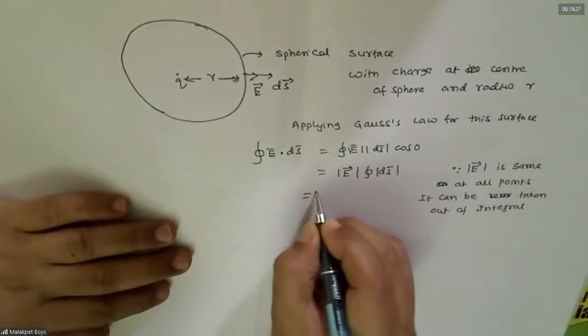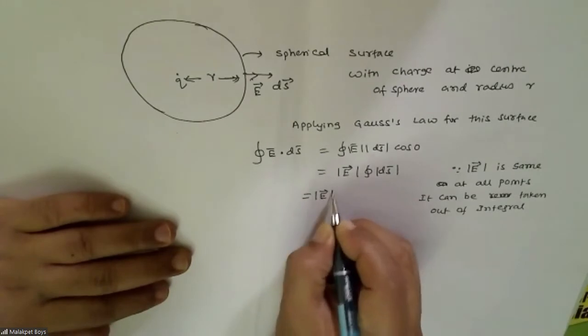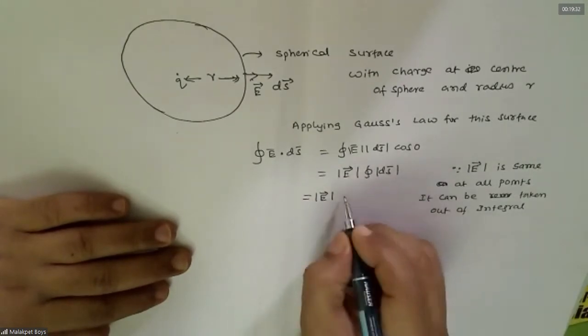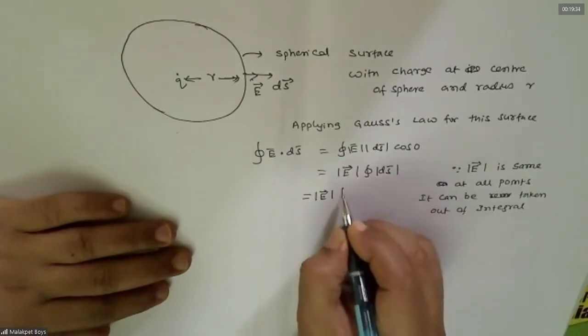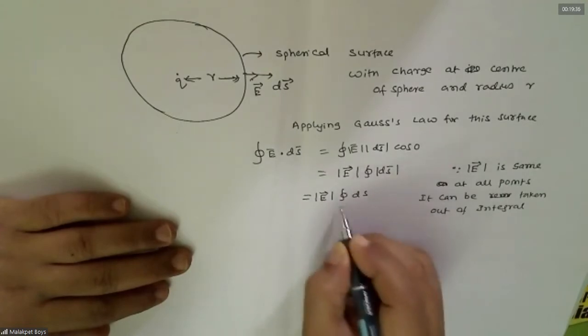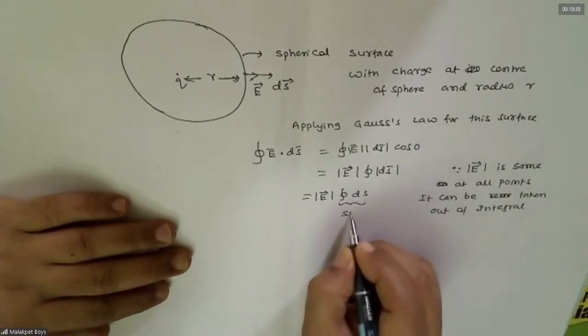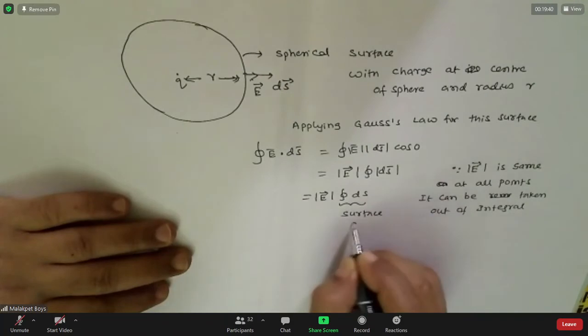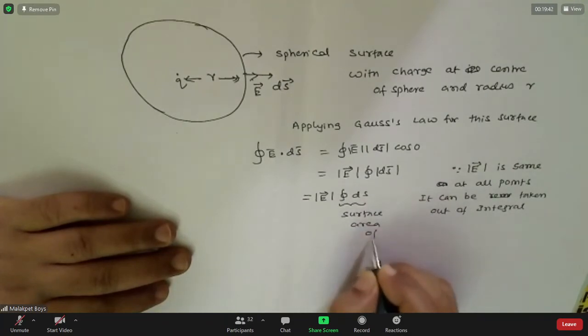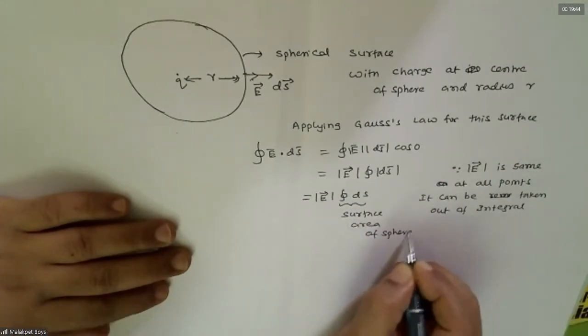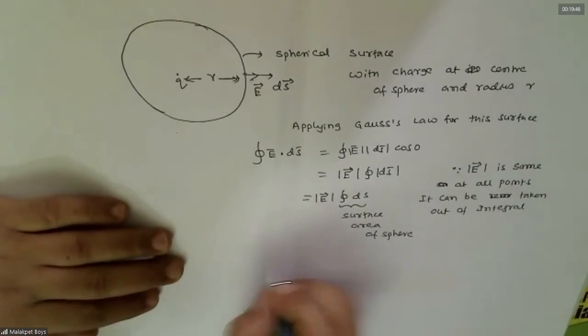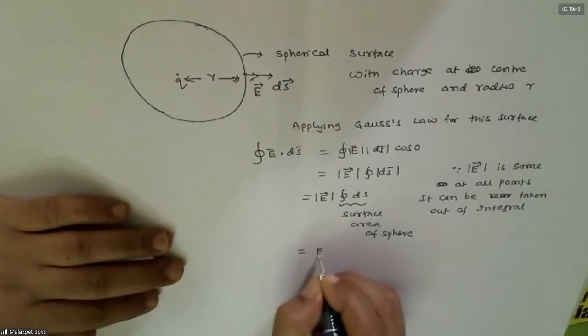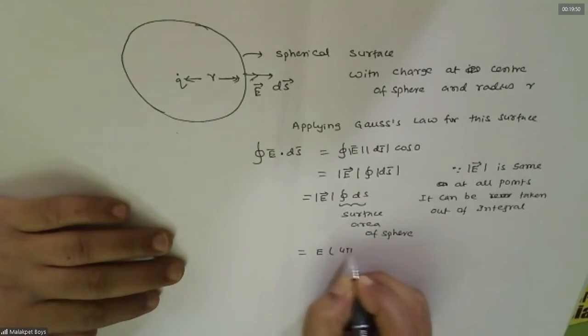Yes, sir. What is the sum of all these things? This is nothing but E times 4 pi r square.